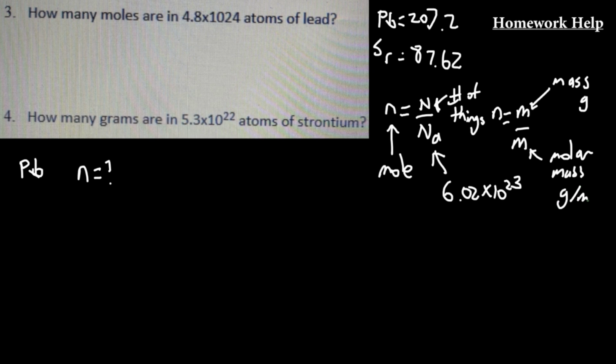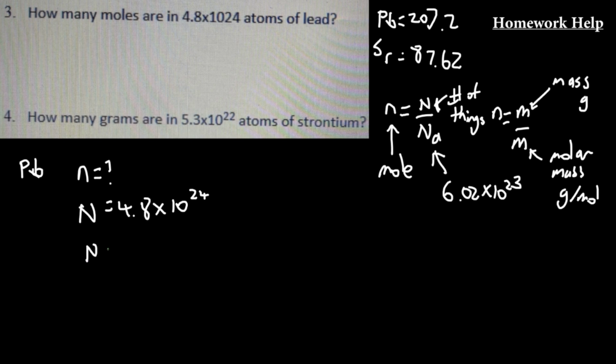Okay, so to solve this question, you have this much amount of atoms, and so this means that this is a number of things. So you have 4.8 times 10 to the exponent 24, and you just need to find moles. Na is a constant.